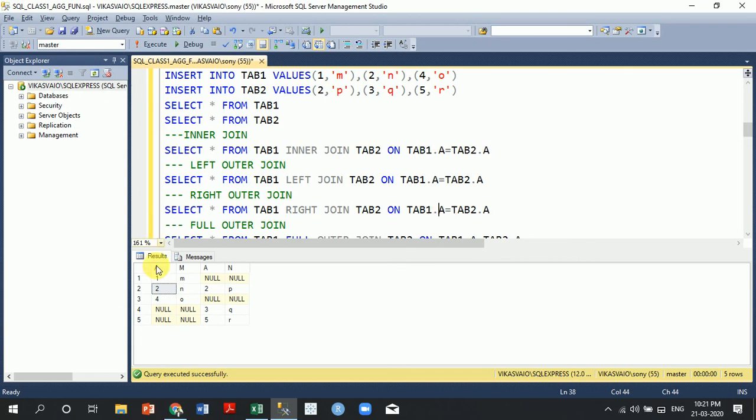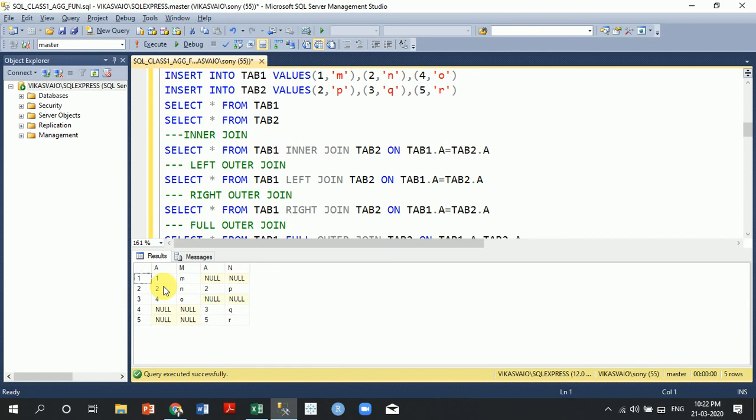Here the conditions are matched, 2 and 2, that's why it is showing as the result. Now talking about 4 and o, no match is found, that's why null values are coming. Now talking about 3, there is no 3 here, so null values are coming. And talking about 5, null values are also coming.